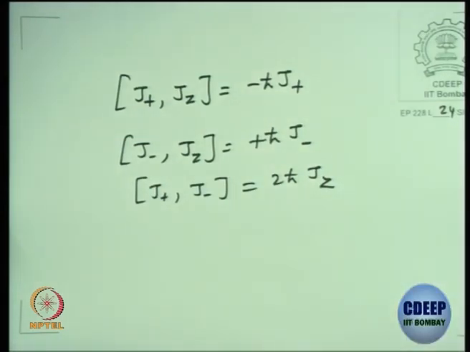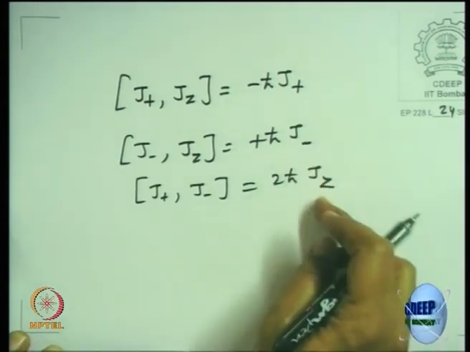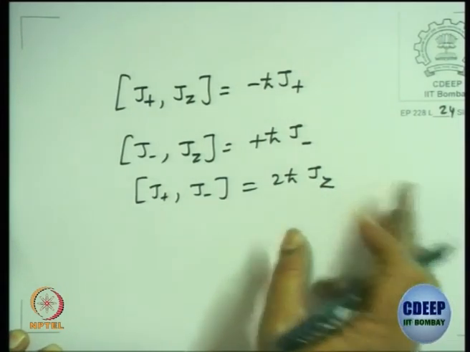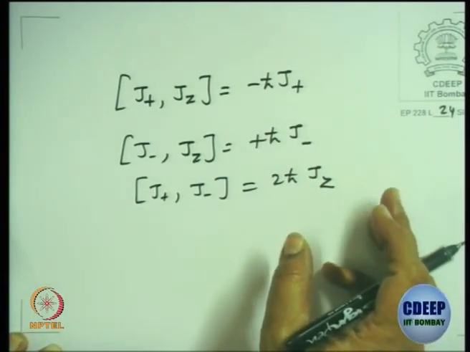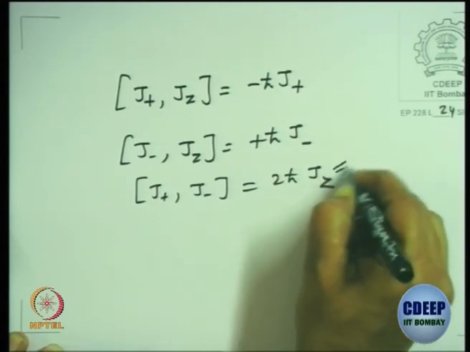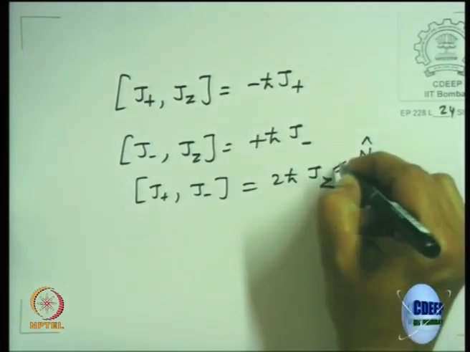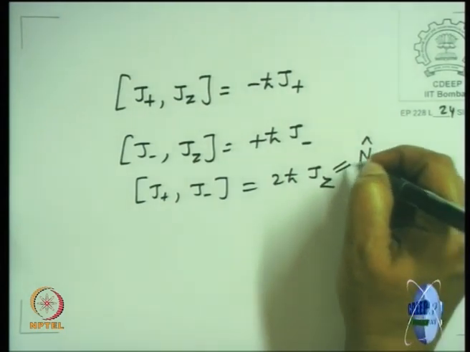Now, let us compare with the harmonic oscillator. We said that the states are eigenstates of Jz from the hydrogen atom experience, right. So, Jz operator is like the number operator, roughly, not exactly.